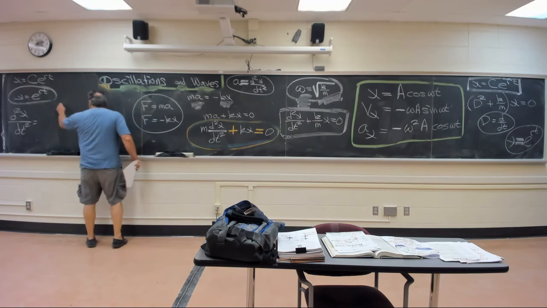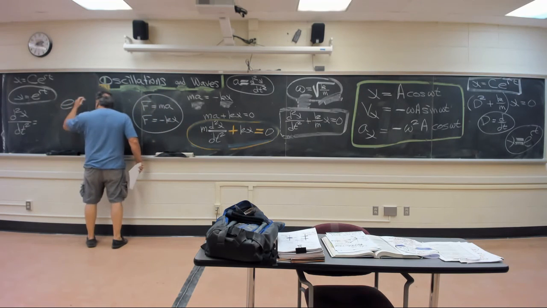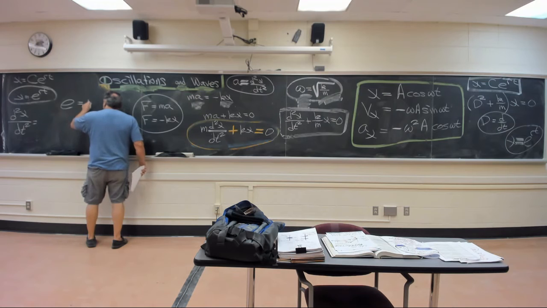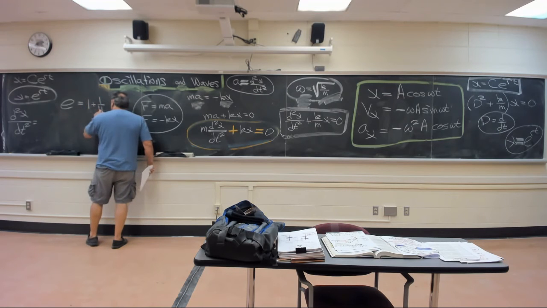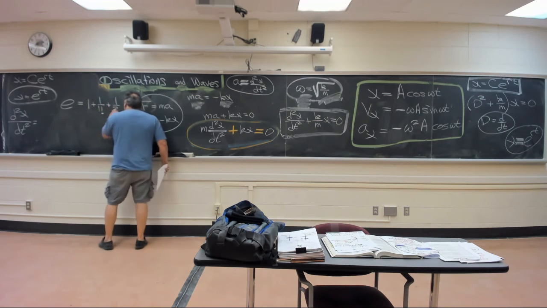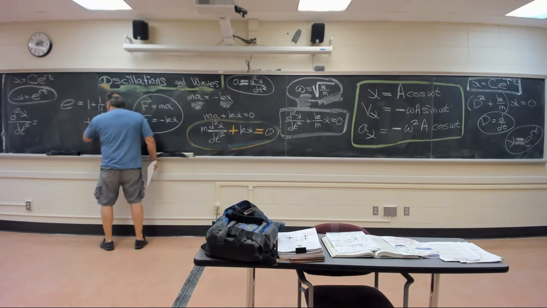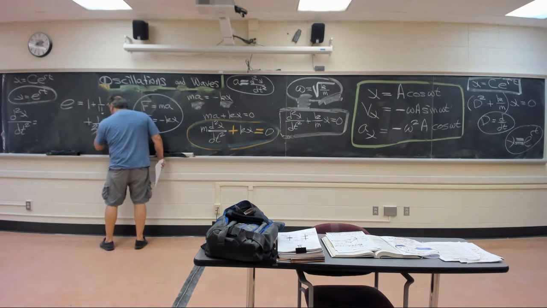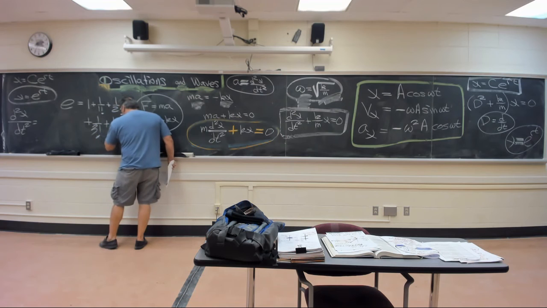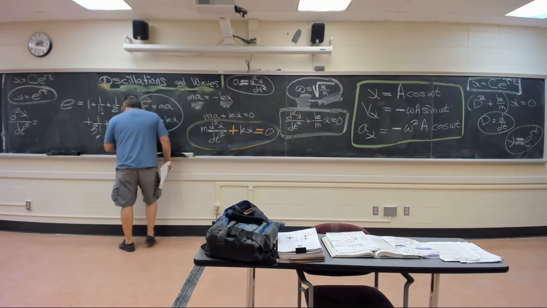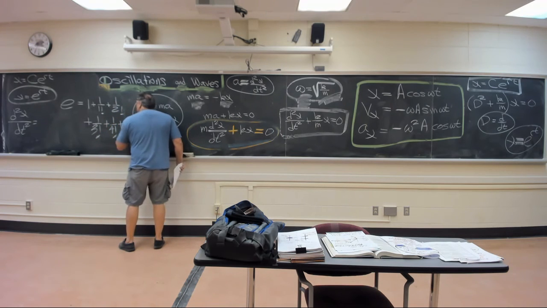Where e is equal to 1 over 0 factorial, which is 1, plus 1 over 1 factorial, plus 1 over 2 factorial, plus 1 over 3 factorial, plus 1 over 4 factorial, believe it or not, plus ... forever.